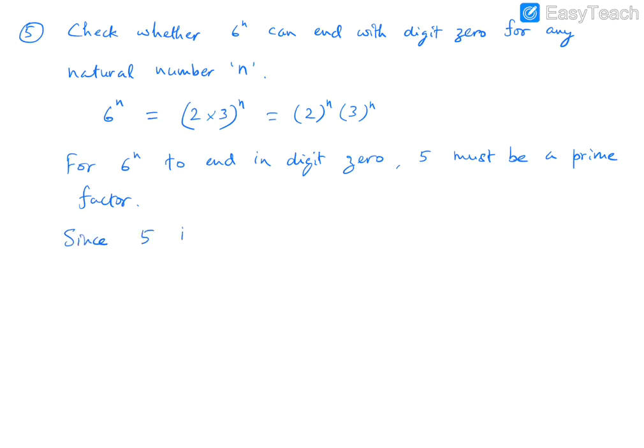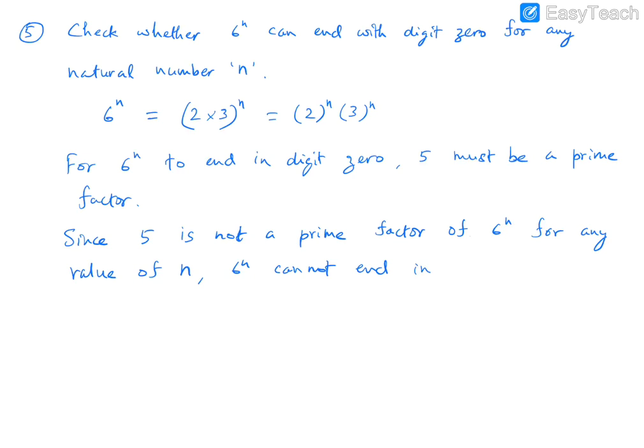So we say that since 5 is not a prime factor of 6 power n for any value of n, 6 power n cannot end in digit 0.